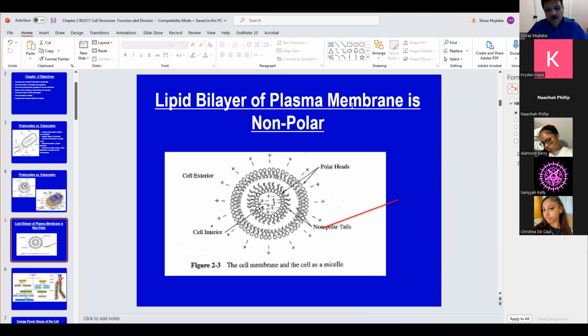Now, why and how do they form? Let's look into the biochemistry of it. Given that the cell membrane is made up of phospholipid, how do these phospholipids arrange themselves in a cell membrane? So let's look into it.